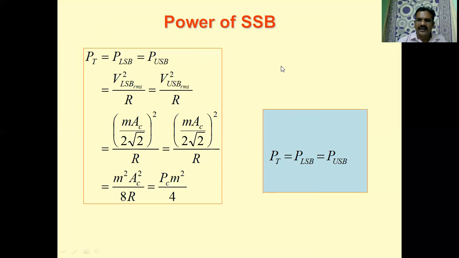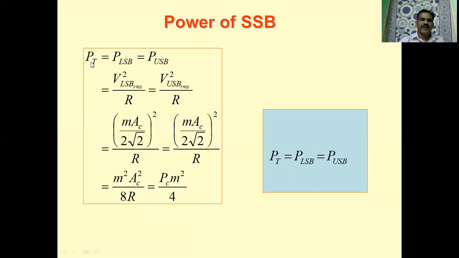If we remove the carrier, we get a total power in DSBSC equal to PC into M square by 2. And if we remove one sideband from it, we get only one sideband, which is equal to PC into M square by 4. In that way, you can derive the power equation for SSB, or else you can use this expression to derive the power of the SSB.